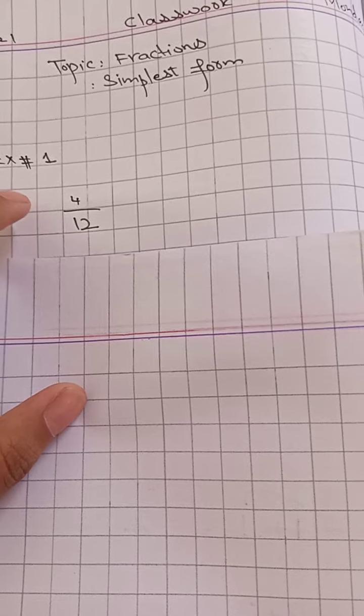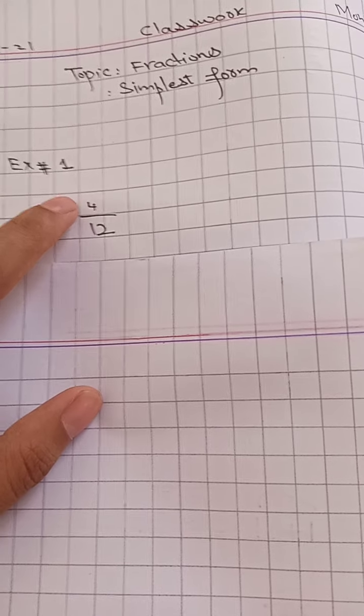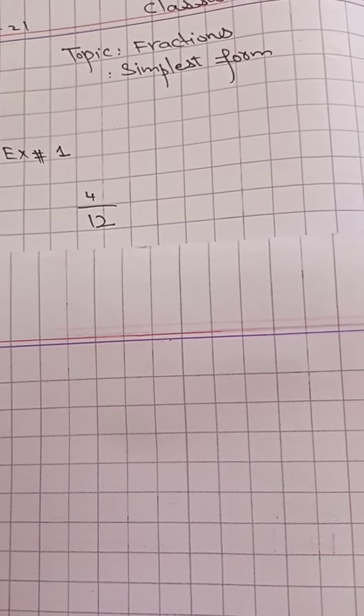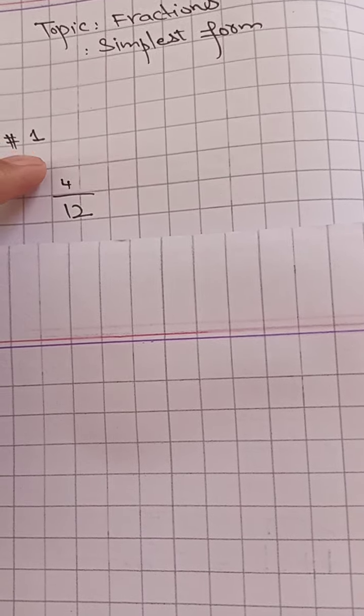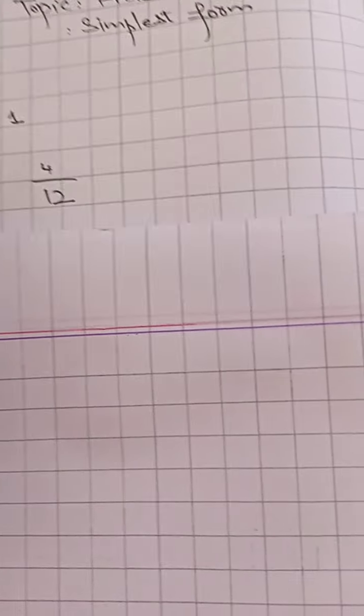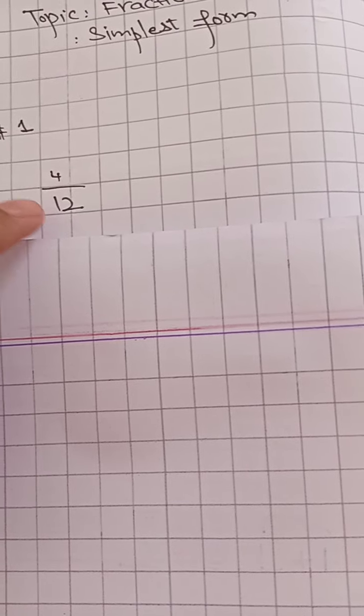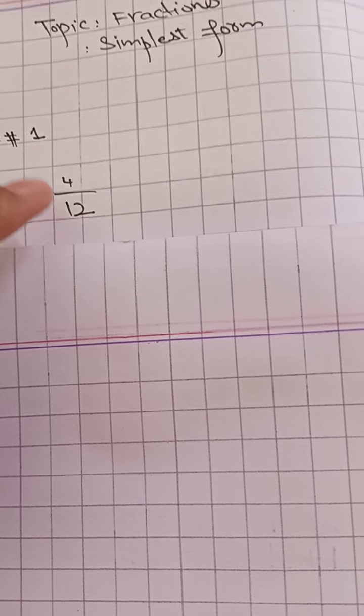So basically, to find the factors, we have to find any two numbers which will multiply with each other to get 4 and to get 12. In a simplest way, you will find a table in which this number comes. You will have to find the number table in which this number comes, that is 12 and that is 4.